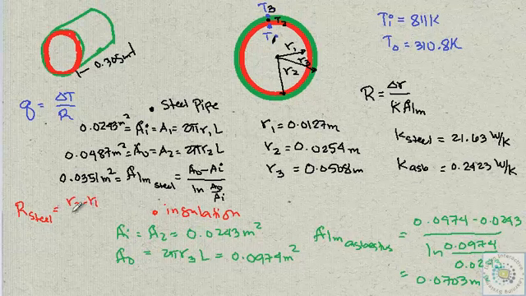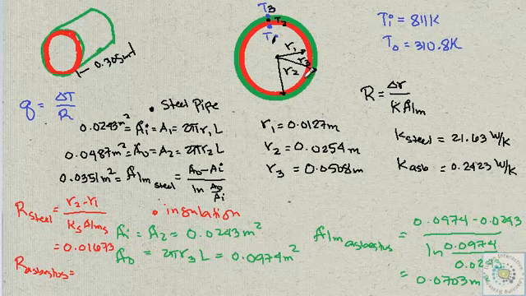We know K for the steel pipe, it's 21.63, and the area log mean for the steel is 0.0351. If we do the math, that gives us 0.01673 Kelvin per watt.